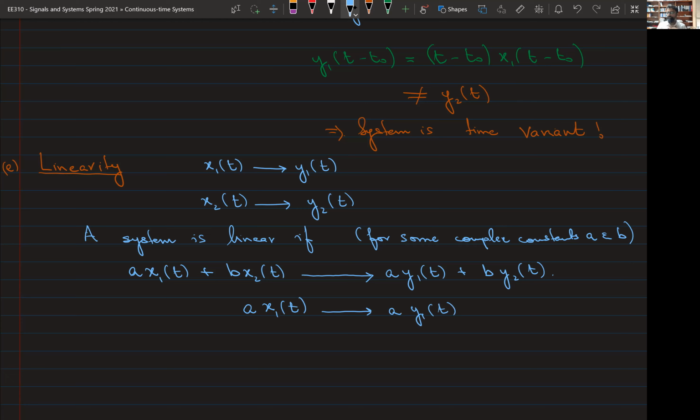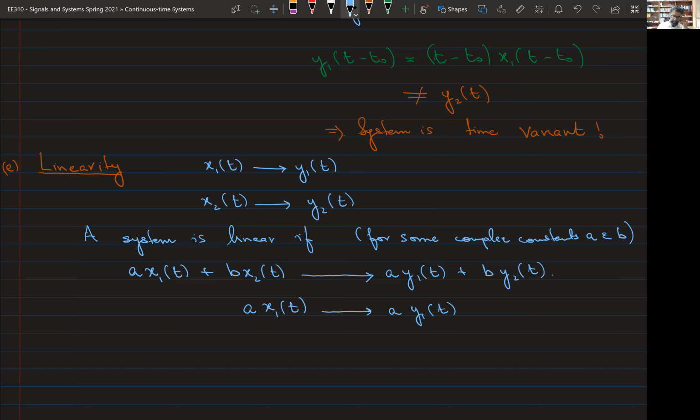That's a consequence of linearity, right? And if a system satisfies the property that any complex constant multiplied with the input results in an output which is simply multiplied by the same constant, that is a condition that must be satisfied for the system to be linear.